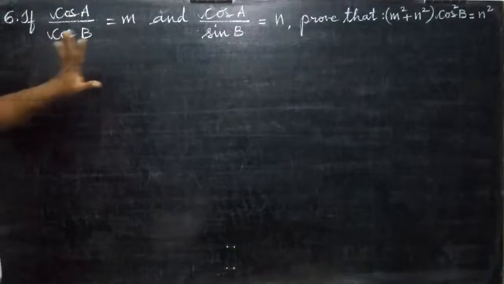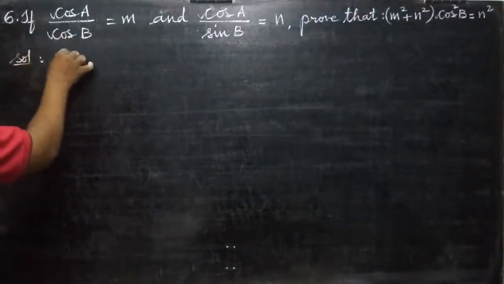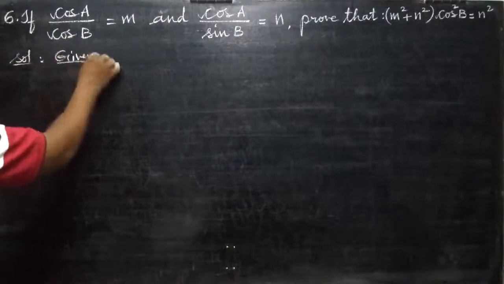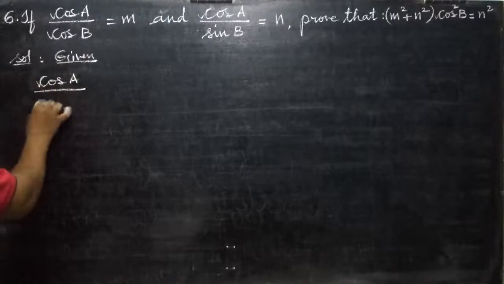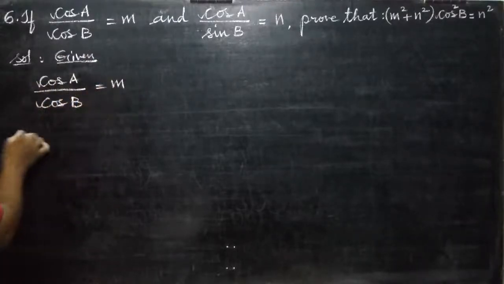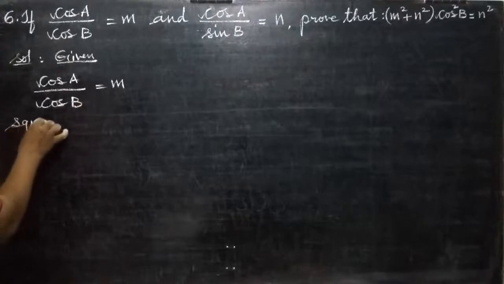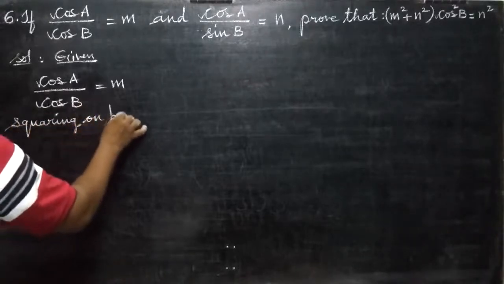So the hint is squaring on both sides. So solution: what is given means cos A by cos B is equal to m. So see the hint, squaring on both sides.